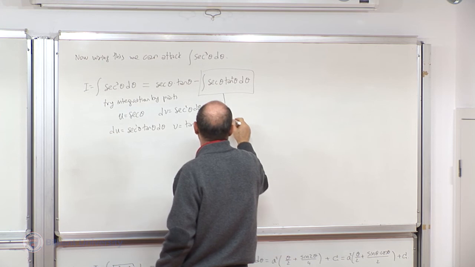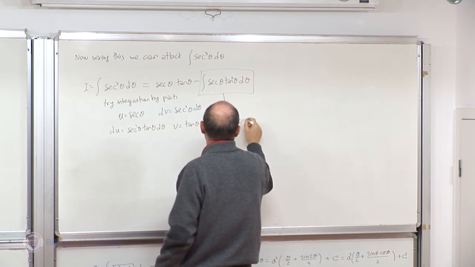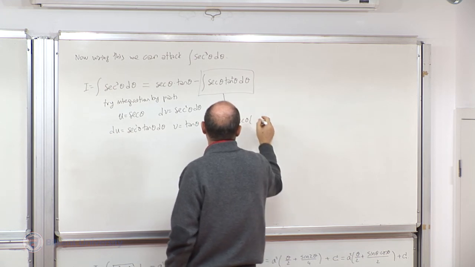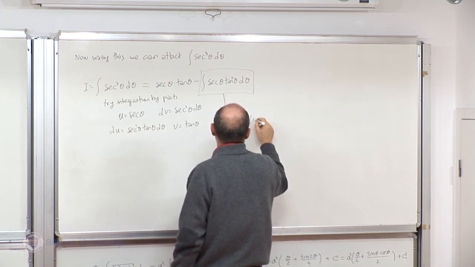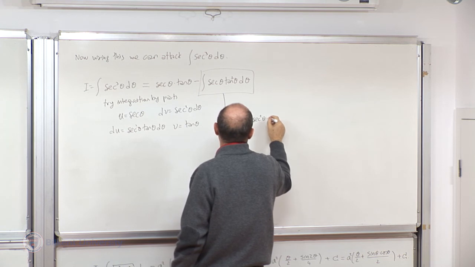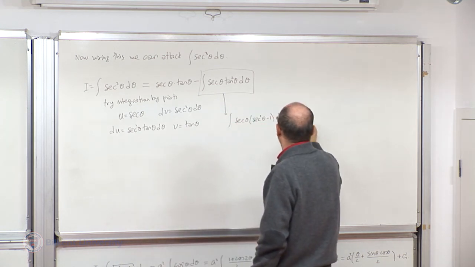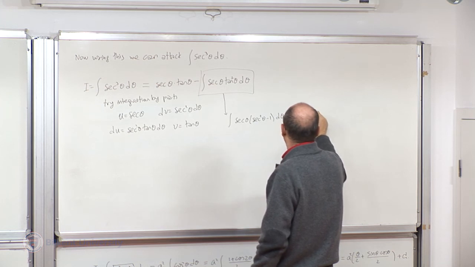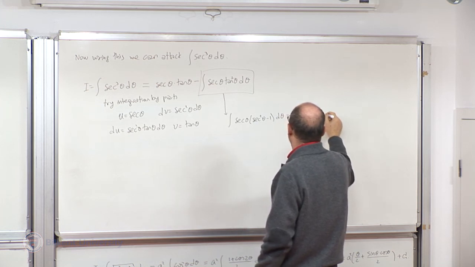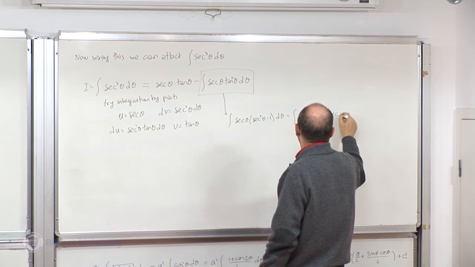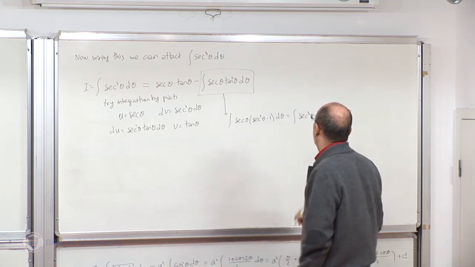I'll keep the minus sign out. This is secant theta, but tangent square is what? Secant square theta minus 1 d theta. So this is equal to the integral of secant cube theta d theta minus the integral of secant theta d theta.